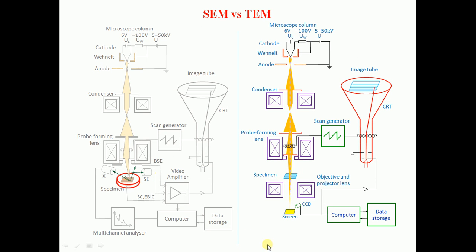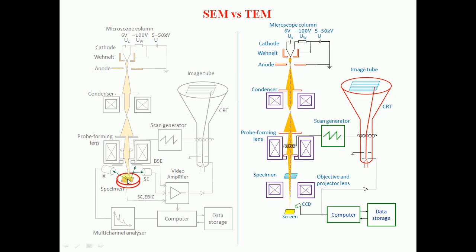So these are the two block diagrams. This left one is of scanning electron microscopy, and this right one is of transmission electron microscopy. In scanning electron microscopy, as we know, this is the electron gun. This is the condenser lens. This is the probe forming lens, and we have objective and projector lens in TEM, but here it is not.